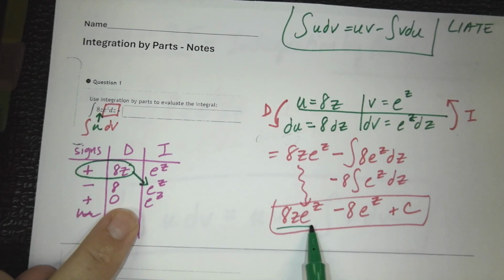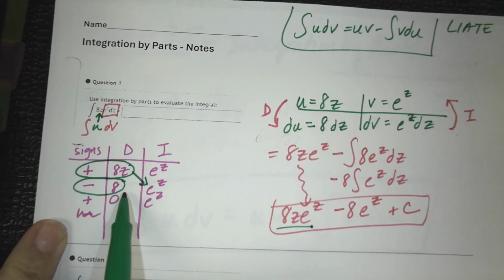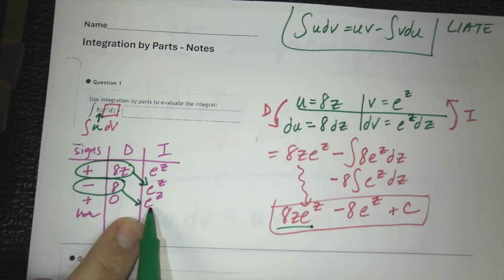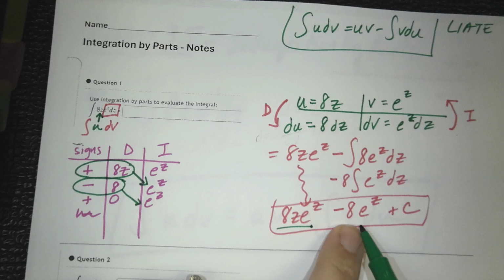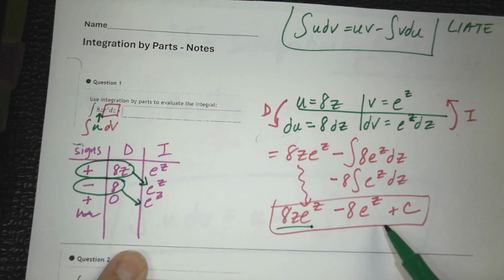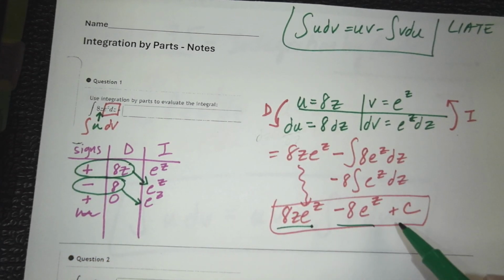Here's the next one. Watch. Negative 8 times e to the z. That would be your next. Isn't that what I got here? And then, once you get to 0, there's nothing to do with 0. You just write plus C. So you're skipping this integration right here, essentially.